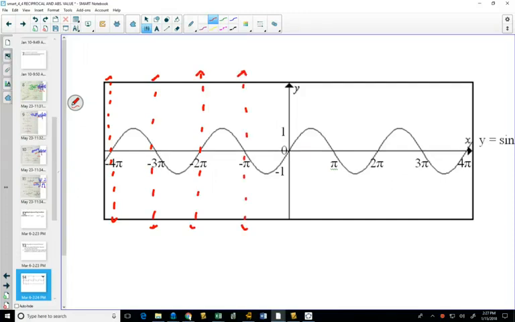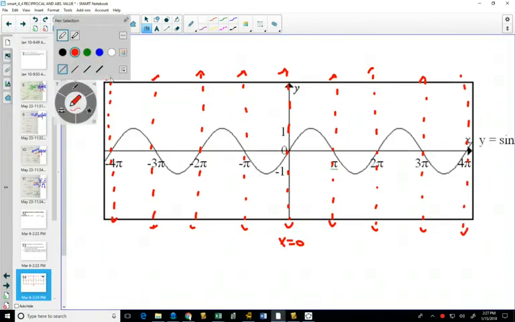We're going to have a lot of them. And we can label them x equals 0, x equals pi, x equals 2 pi.